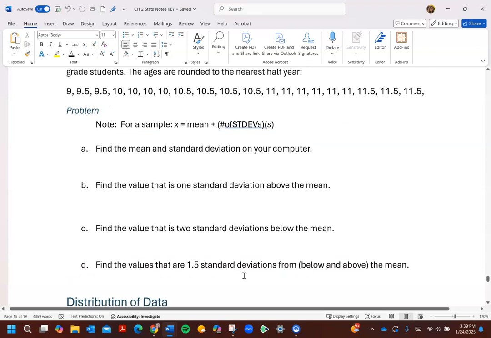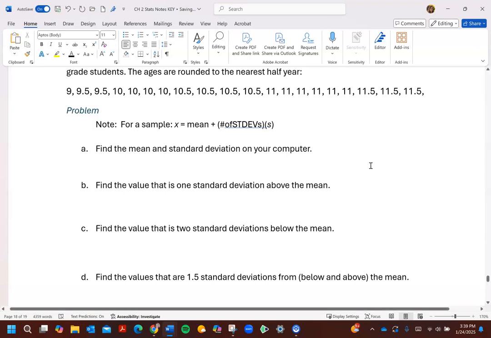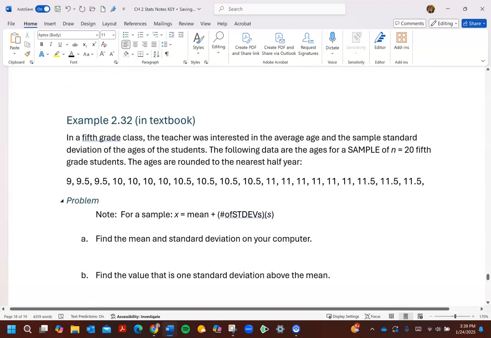And for D, it will be the values that are 1.5 standard deviations below and above the mean, the 2 values that encompass that. So go ahead and pause the video and do that. And you might want to check and make sure your mean and standard deviation are correct. I'll pop that in there really quick while you're working on it.